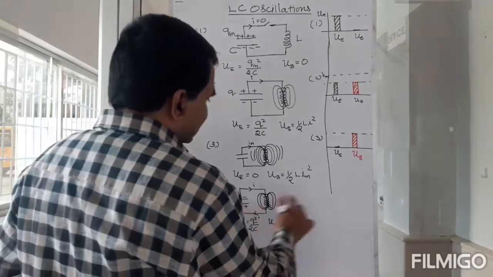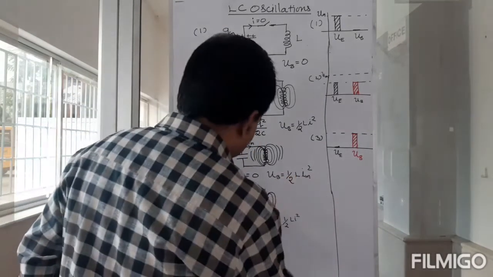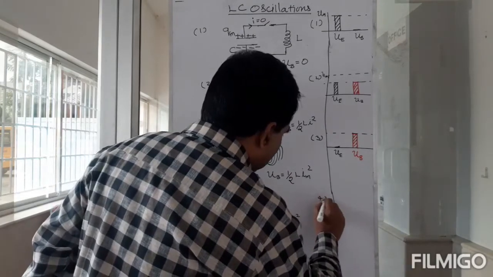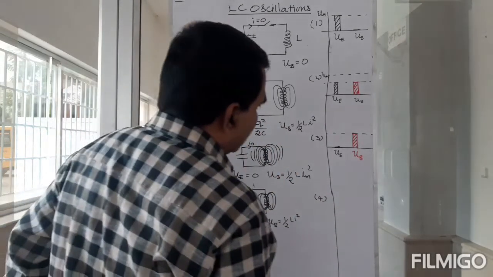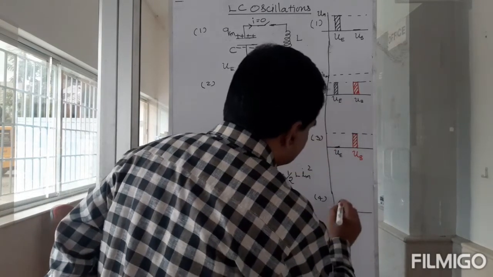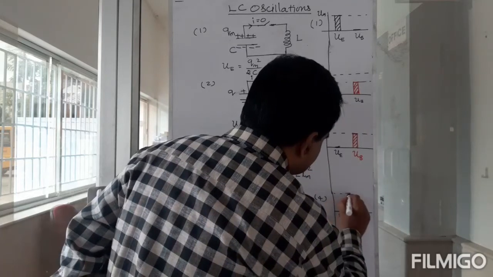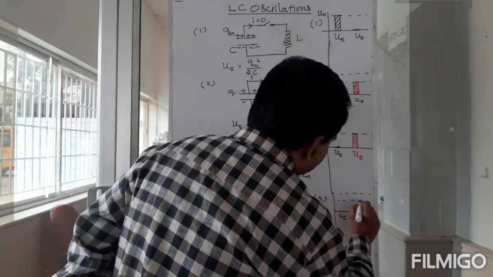Okay, so in the halfway condition, I can take that this is this UE, and this is the maximum, and this is half the energy.